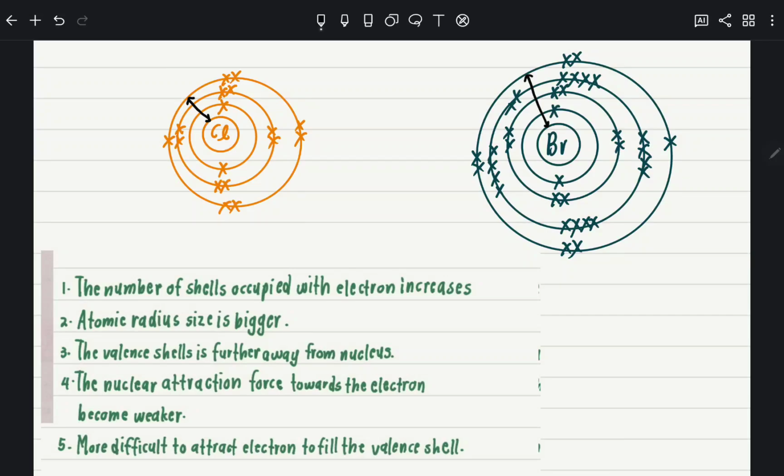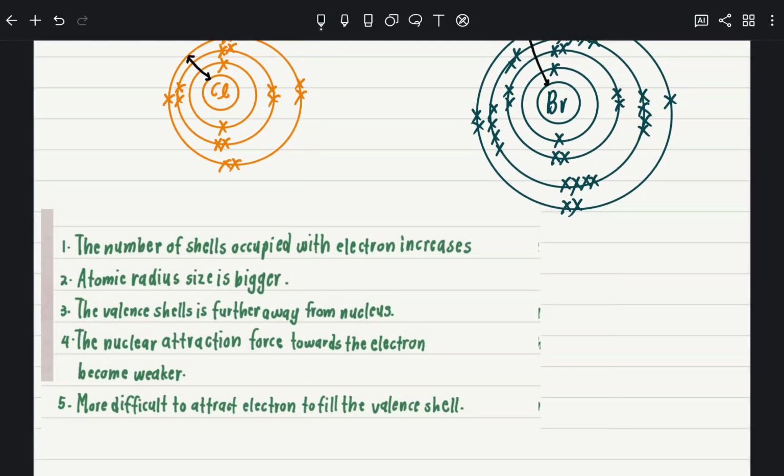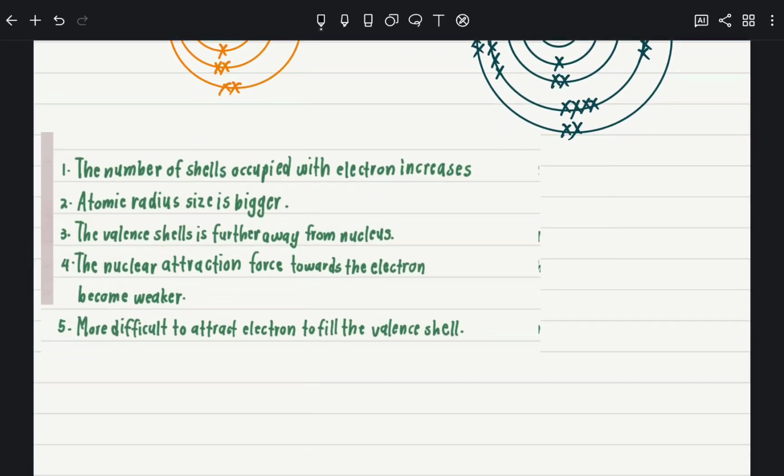Because the further you are, let's say you are standing 1 kilometer away from me, for me to pull you is very hard. But let's say you stand just nearby, like 100 meters only, to pull you is very easy. That's the concept for nuclear attraction force also. And then it is more difficult to attract electrons to fill the valence shell. So this is the guideline.